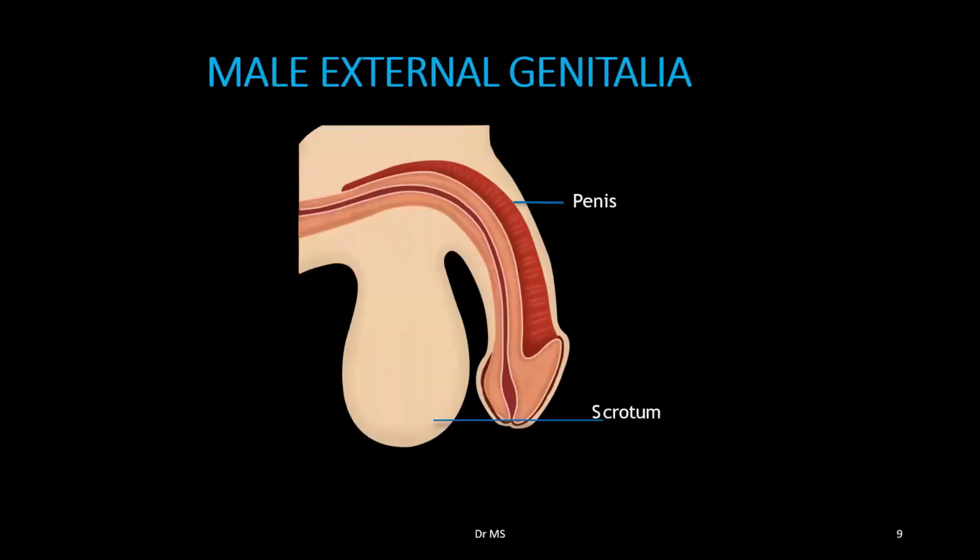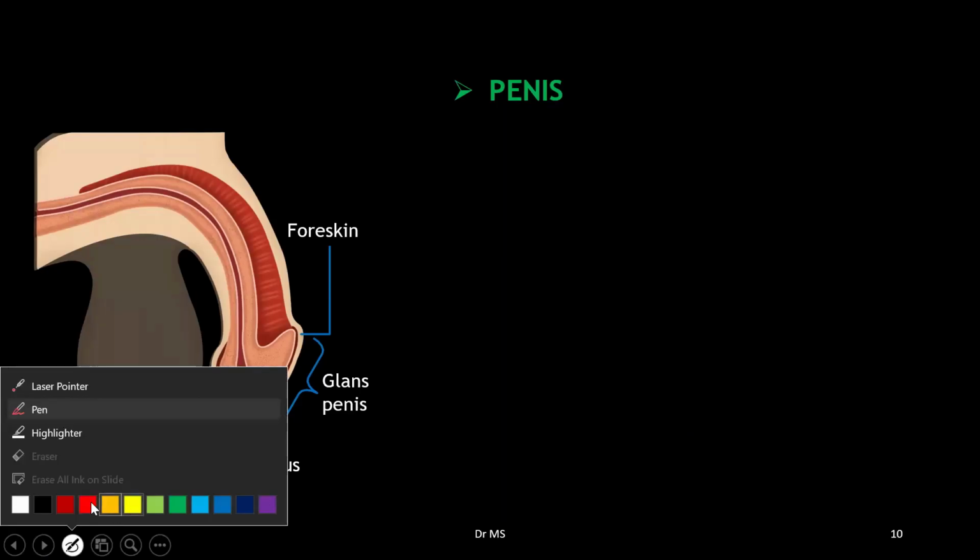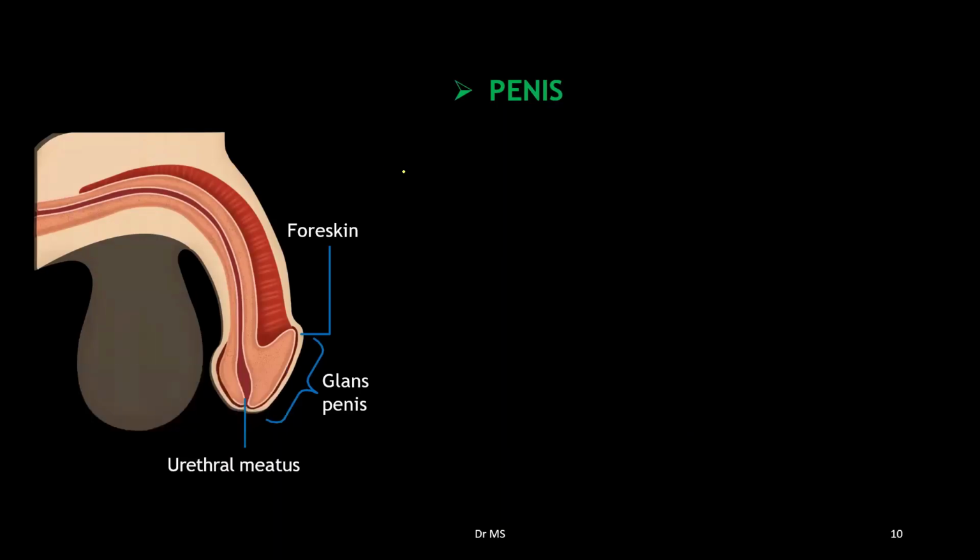So what comes under the male external genitalia? It is the penis and scrotum. Together we call them the male external genitalia. Let's talk about the penis. First, what does it do?